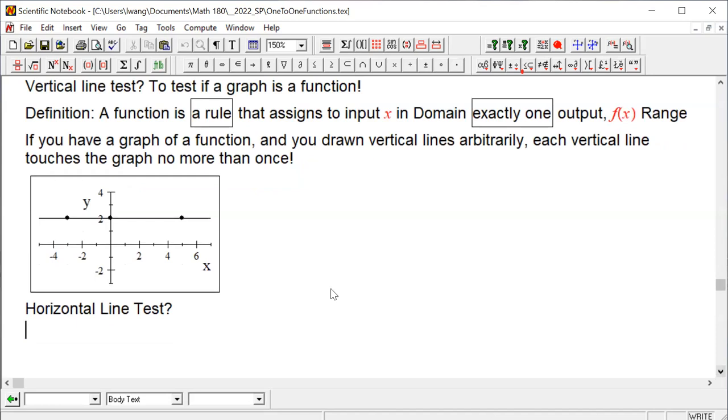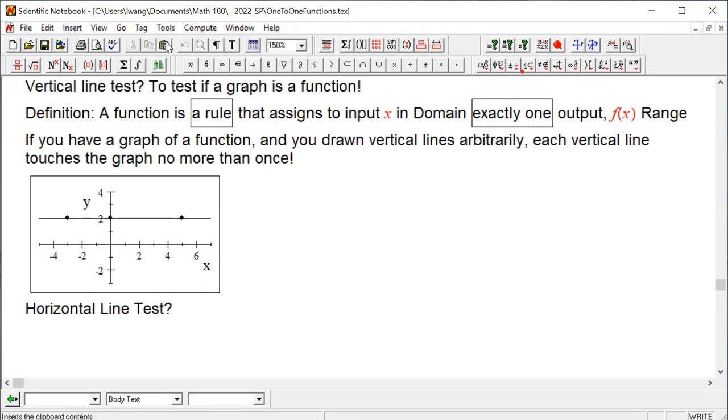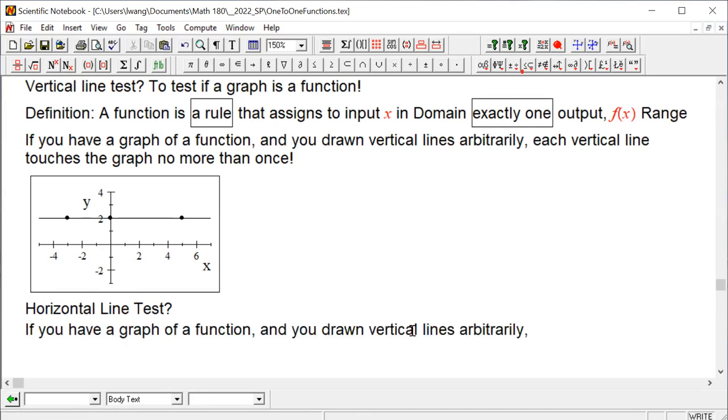So if you have a graph, still the same situation, but this time instead of drawing a vertical line arbitrarily, we're going to draw horizontal lines arbitrarily. You see the difference, right?